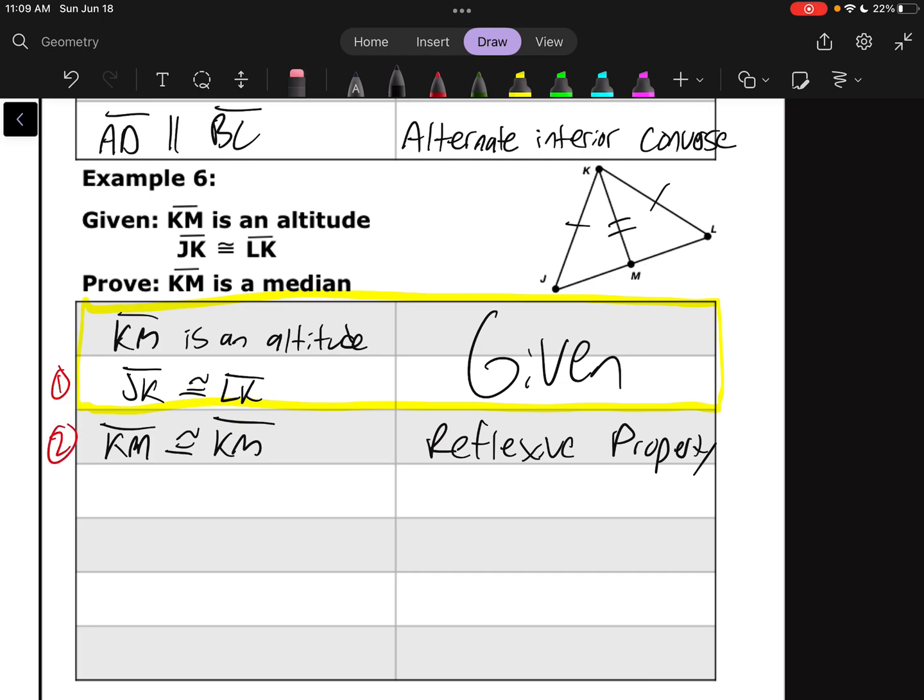And then let's think about what an altitude does, right? What does an altitude do? An altitude goes from a vertex and makes some right angles, right? That's what it does. So let's go ahead and talk about those right angles. Angle JMK and angle LMK are right angles because definition of altitude.